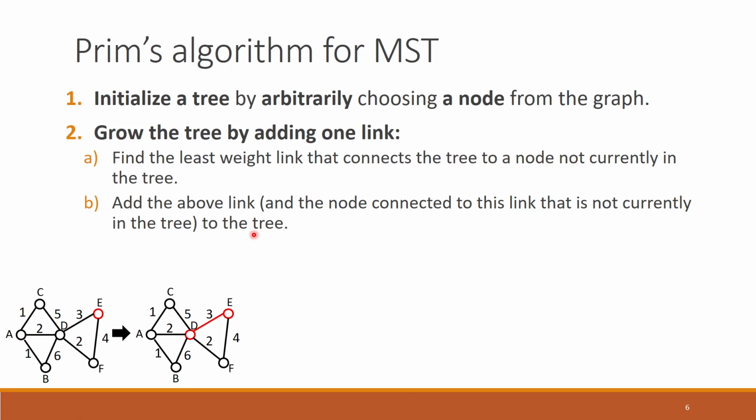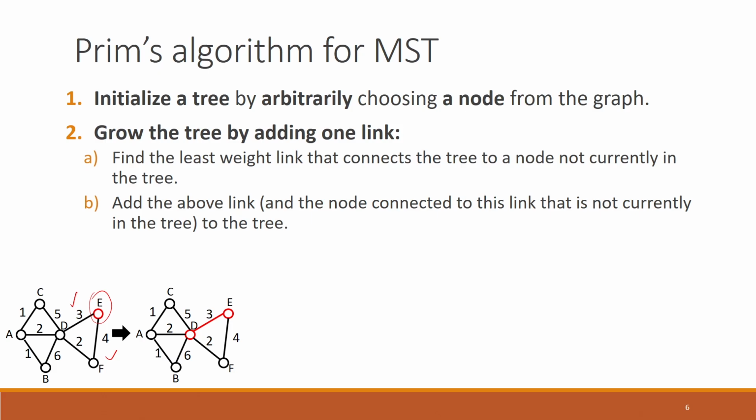Okay. So, let us look here. Since we are growing a tree and we have currently selected this node E, the only edges that we can add at this point are either the edge DE or the edge EF. Okay. Because if you add any other edge here, then it will not be a tree, because this node E will not be connected to the link that you add, and this will overall not be a tree.